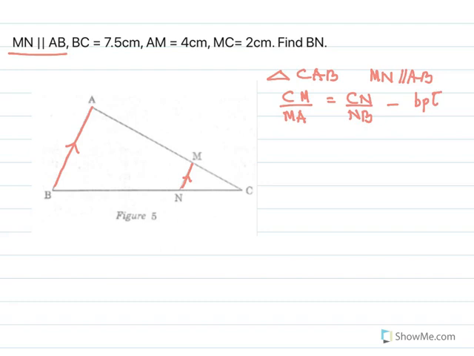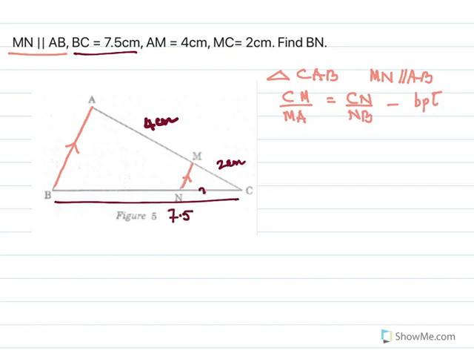Now the values are given to us. Here AM is given as 4, so this is 4 centimeter. Then MC is 2 centimeter. However, in the next case, the entire BC is given as 7.5.